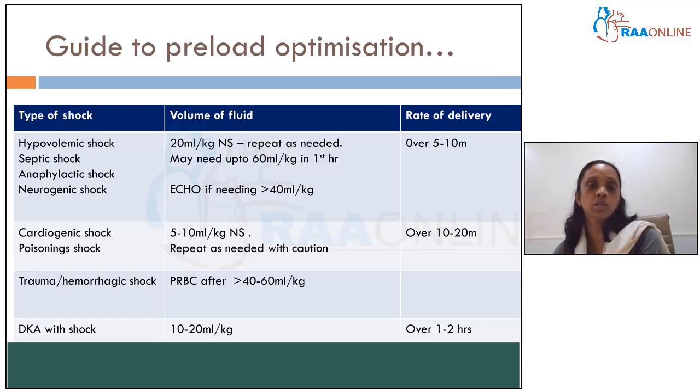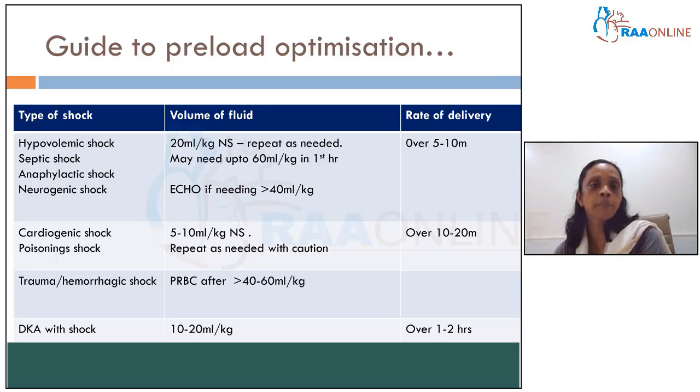But all other kinds of hypovolemic shock, be it dengue, be it septicemia, be it anaphylaxis, be it neurogenic, what the Surviving Sepsis guidelines and the pediatric critical care group are now saying is to use aliquots, which we have always been doing here, because we are basically customizing to the child. If I am at the bedside assessing this child, I would probably give 10 ml per kg of normal saline, as a push-pull, or when I put it on the pump, I set it at a maximum rate of 999.